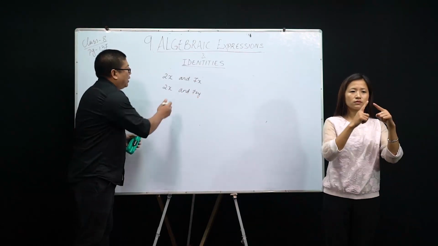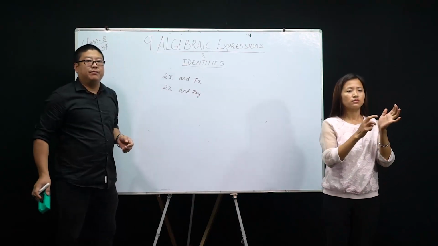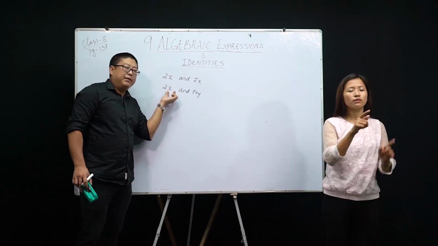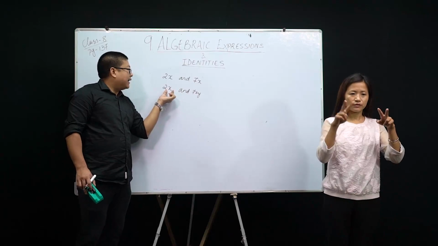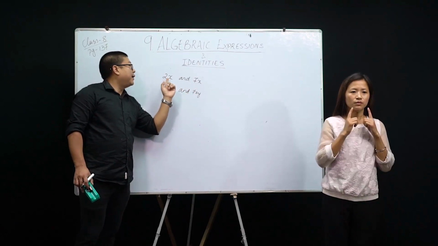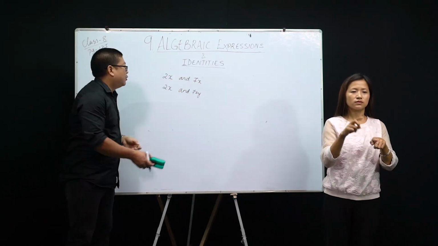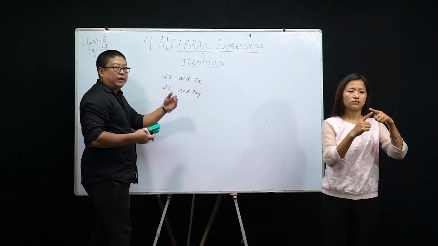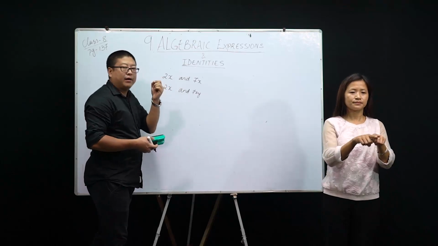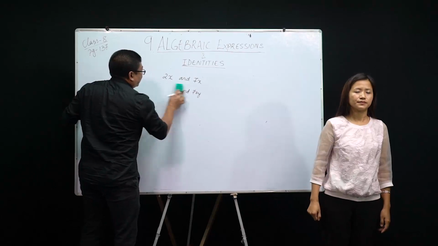So they cannot be like terms because y is missing in the first term. To be like terms, the variables should be the same. x and xy are not like terms, but x and x, 2x and 7x, are like terms. For the next topics, we have to understand like terms and unlike terms properly so that you can arrange them. Now let's look at the next topic.